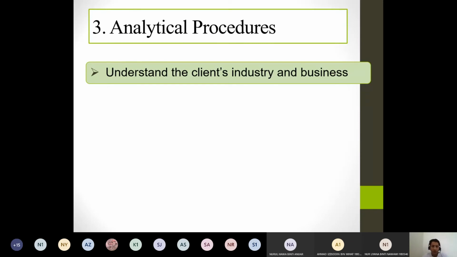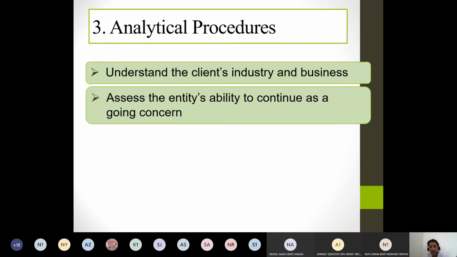And normally we use information about the industry, about the competitors, about the financial statements of previous years, as well as the current operation financial statements. So, understanding the client, industry, and business. Assess the entity's ability to continue as a going concern.